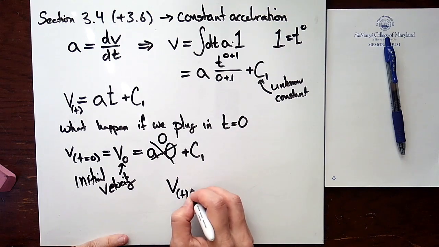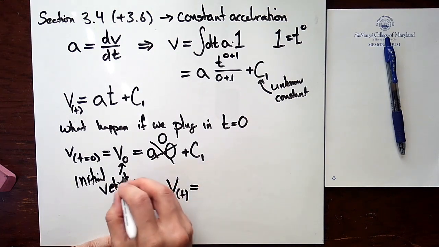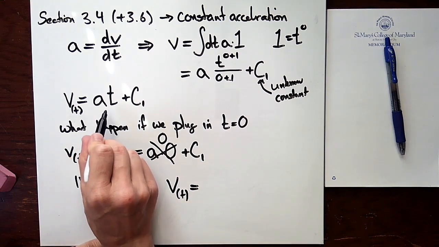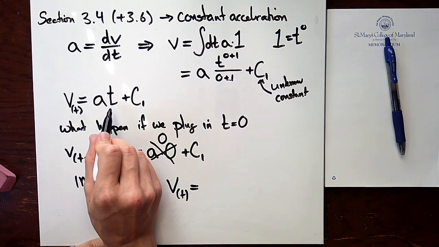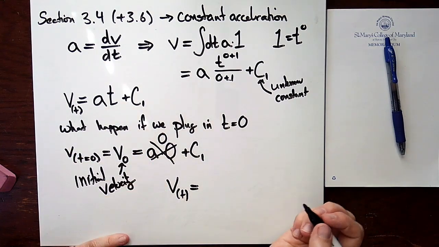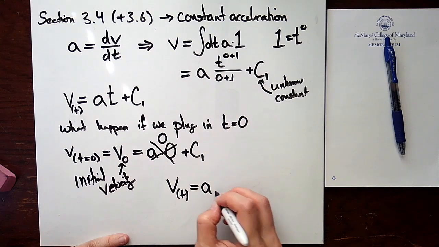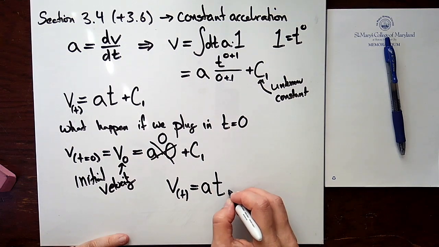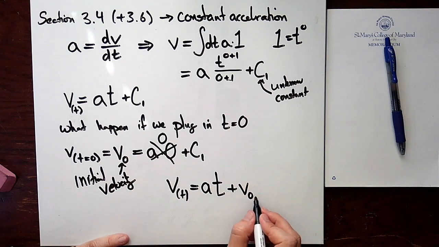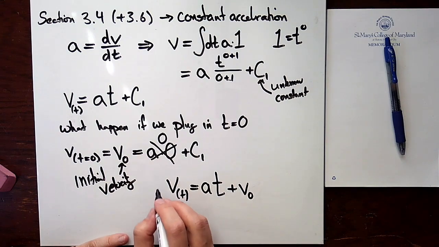Doesn't always happen, but often this unknown constant is related to what's going on at time 0. And that happens because every other term has time in it. So when you plug in t equals 0, those terms disappear. So that gives us the velocity is equal to the acceleration multiplied by the time plus the initial velocity.